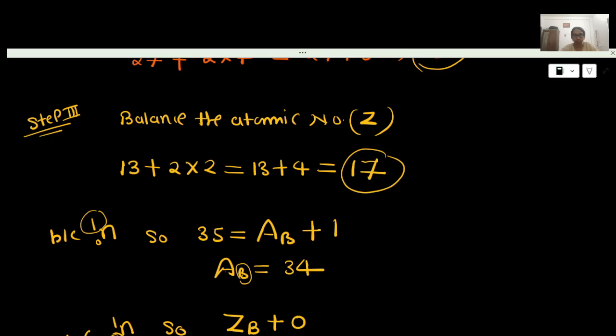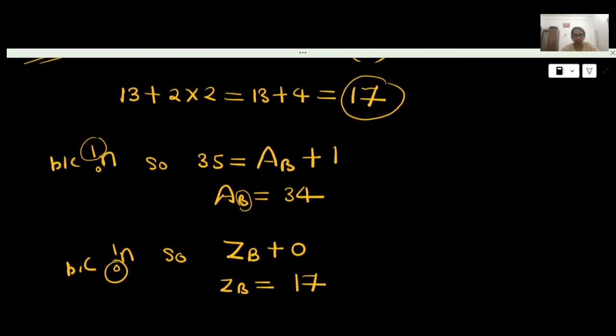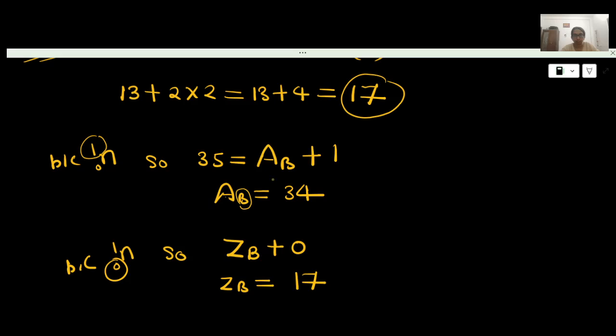Now write the final answer. What is the final answer? We get the final answer from both calculations. So B has mass number 34 and atomic number 17. Atomic number 17 corresponds to chlorine.